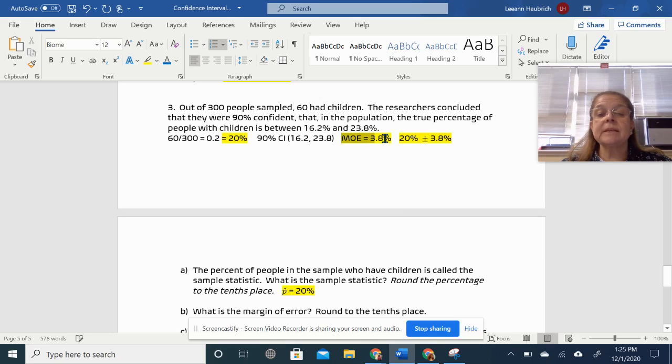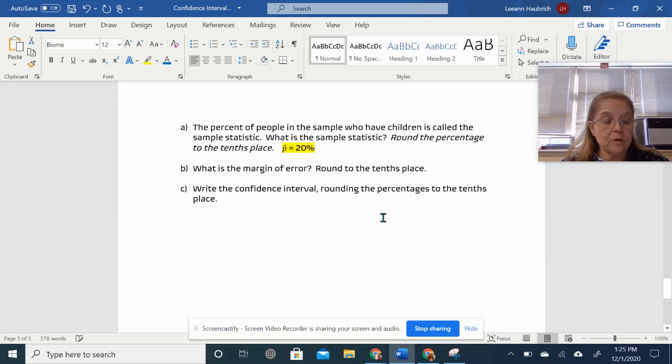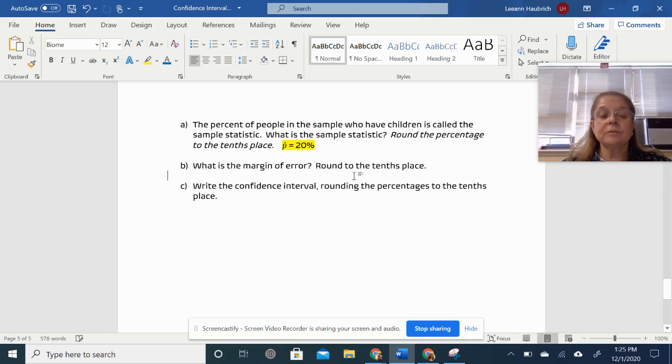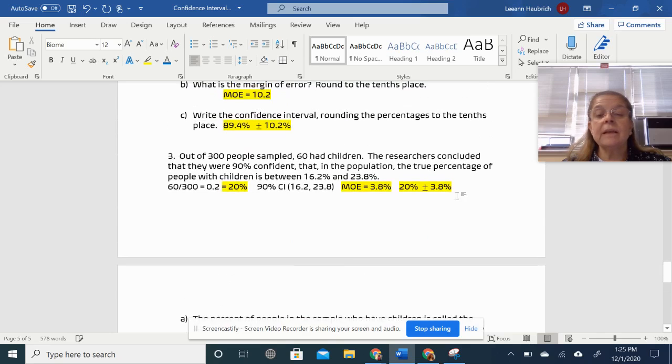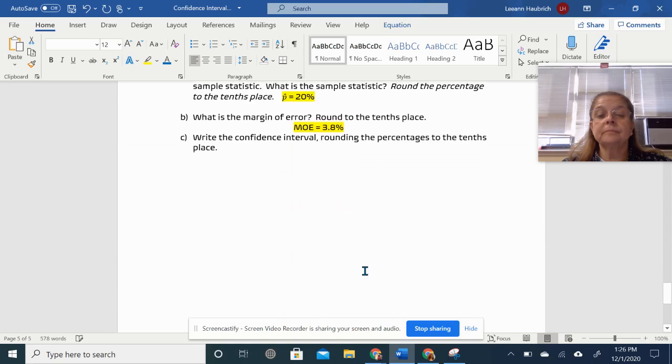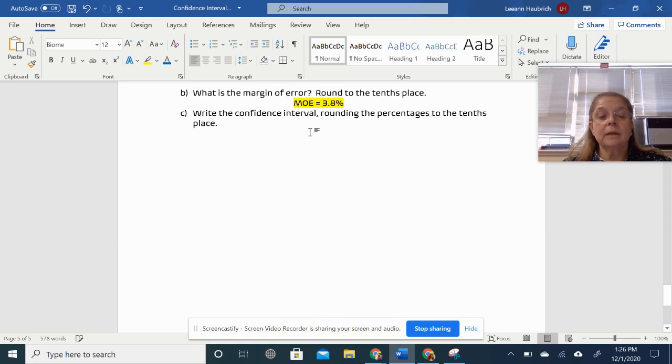We already did this work, and we know the margin of error is 3.8, and it is rounded to the nearest tenth. And write a confidence interval. And we already did this work. Oops, I had the wrong one.